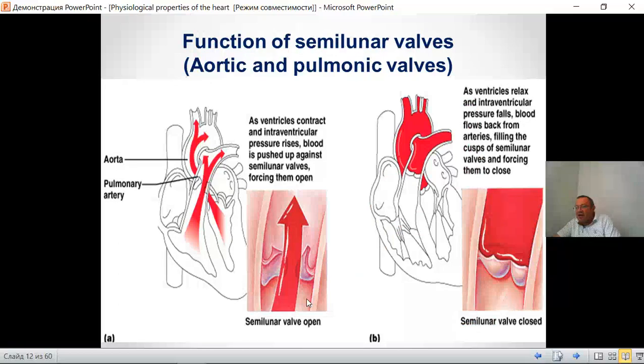Instead, they consist of pocket-like folds of endocardium reinforced with additional connective tissue. When the ventricles relax and the change in pressure forces the blood back towards the ventricles, the blood presses against each cusp as it seals the opening.